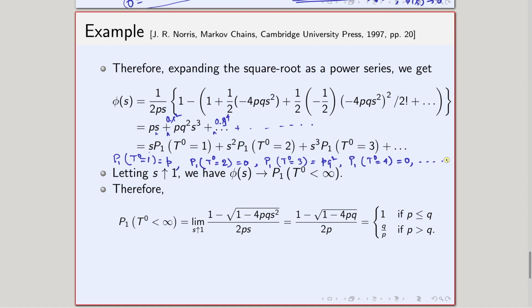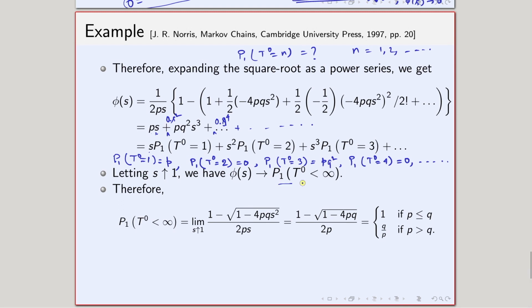This way we can find the expression of all the probabilities of the form P1(T naught = n) for different values of n. All those we know now, and so using the moment generating function, the strong Markov property as well as the Markov property, we are able to solve this problem.